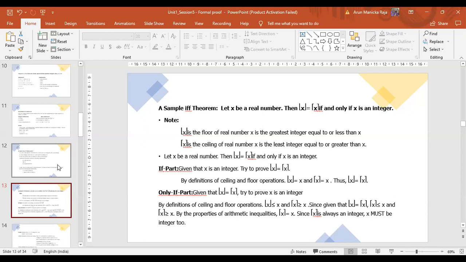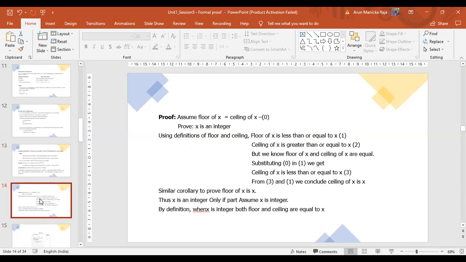This fact we already know, but we have to prove it here. This is the example for an if and only if theorem. If and only if means we have two parts: one is the if part and another one is the only if part. This slide we have already seen yesterday. Now we are going to the proof, how we can prove that.